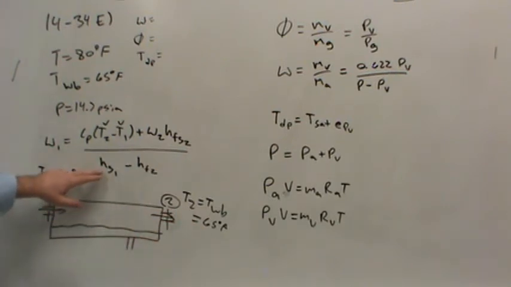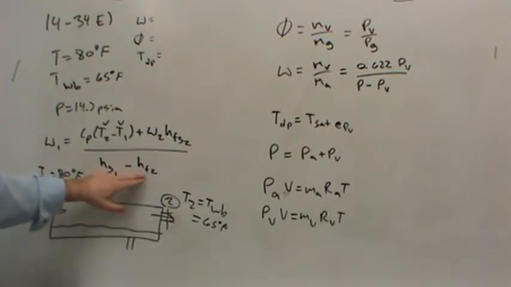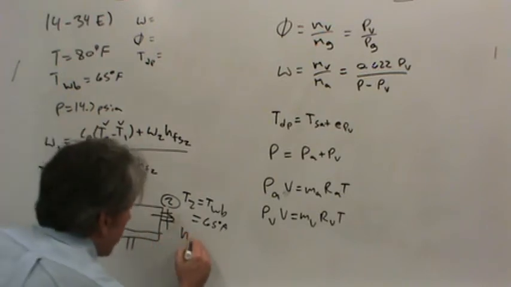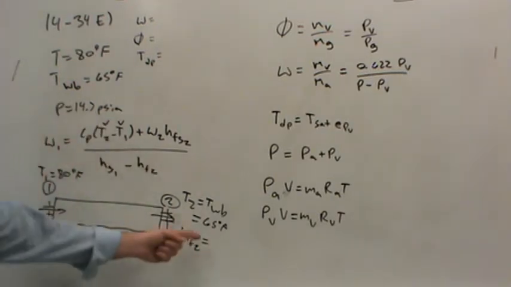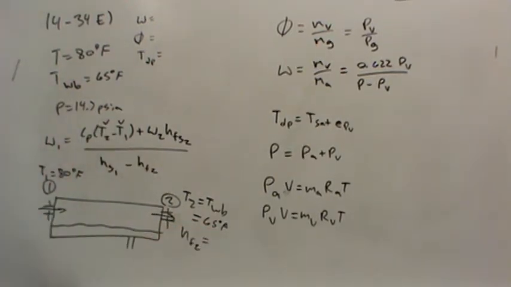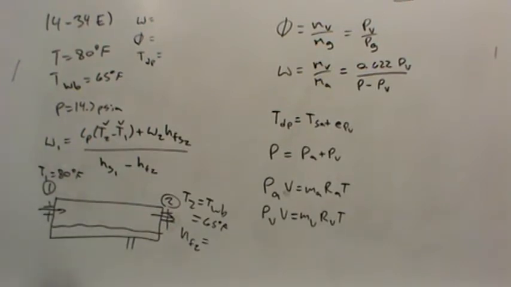We need the enthalpy of saturated vapor at state 1, in other words, at T1, and we need the enthalpy of saturated liquid at state 2. Does that make sense? So, hf2: go to the back of the book, go to the saturation tables, and look up the English units, okay? Look for 65 degrees Fahrenheit and tell me what hf is.